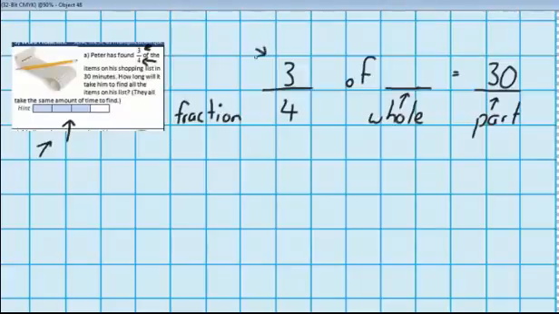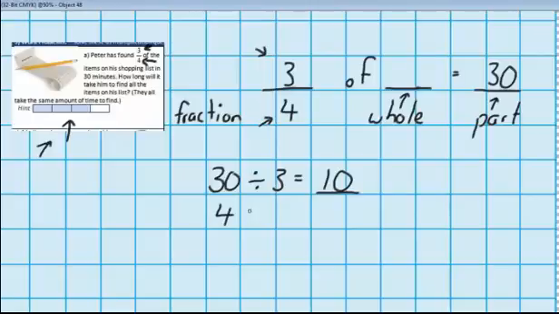Now my numerator tells me that he's found 3 groups of the items on his list and that's taken him 30 minutes. So I'm going to have to share those 30 minutes between those 3 groups so I can work out how long it's taken him to find 1 group of items. Well, I know 30 divided by 3 is 10. Now my denominator tells me that in total he has to find 4 groups of items.